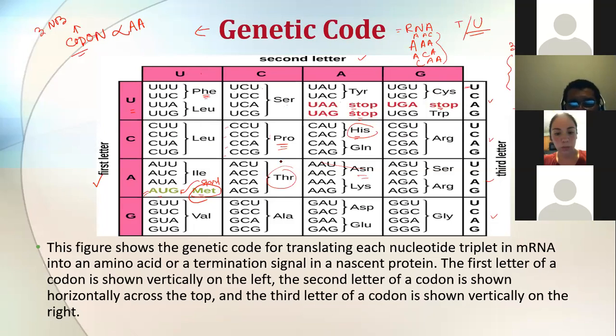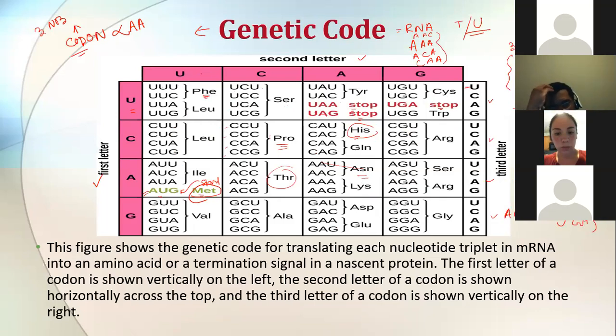Now out of 64, 61 codons have meaning, and 3 codons do not have any meaning, so they are the stop codons. And what are the stop codons? UAA, UAG, and UGA. What is the start codon?